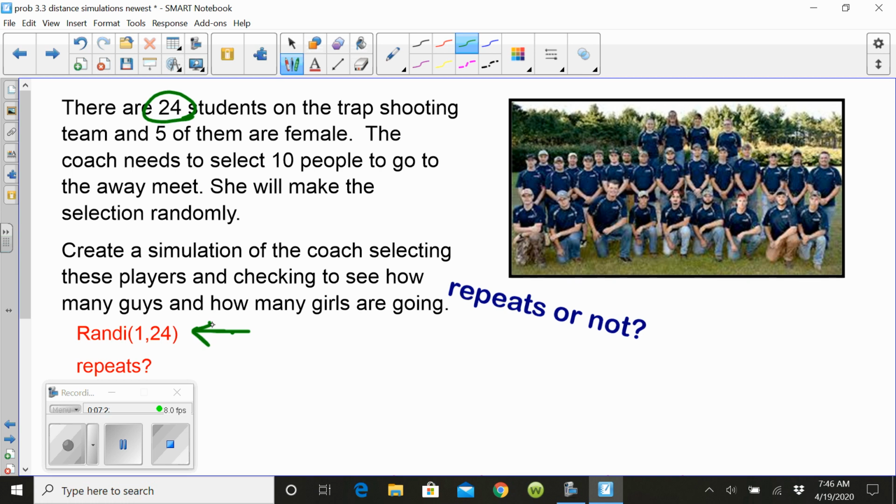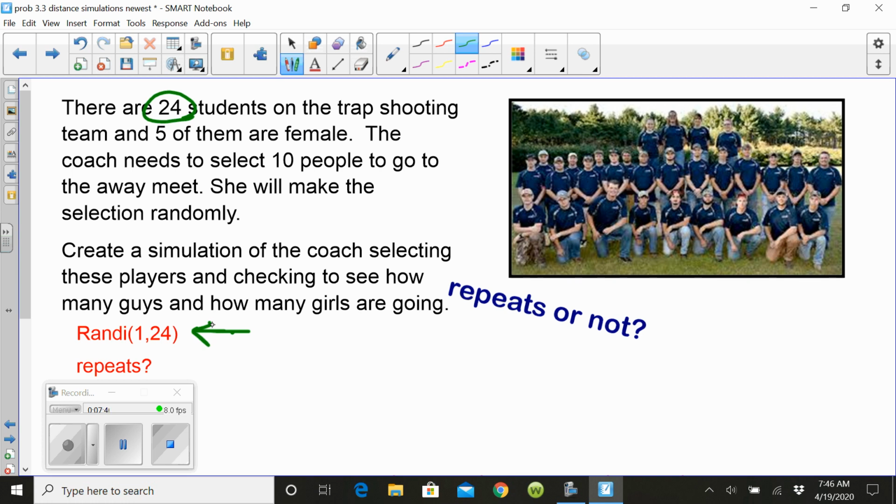And therefore, I can't pick the person twice. We should read the problem. The 24 people on the team, 5 of them are female. The coach needs to select 10 people to go to the away meet. She will make this selection randomly. Create a simulation of the coach selecting the 10 players.